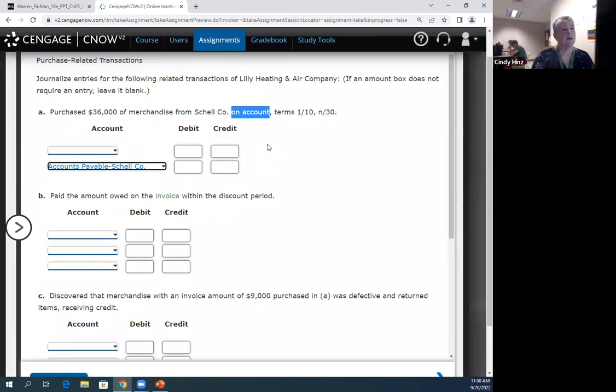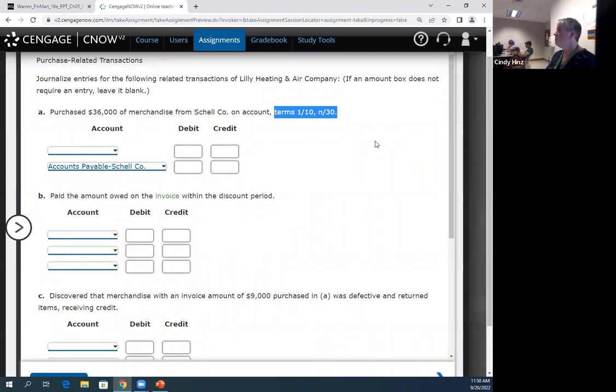However, it tells us the terms here. Terms of 1/10, net 30. That N stands for net. So we're looking at our first example of payment terms. When we agreed to buy this product valued at $36,000 from Shell Company, we said, we don't want to pay cash for it, as we talked about in that diagram in the PowerPoint.